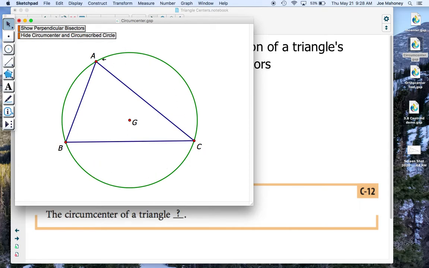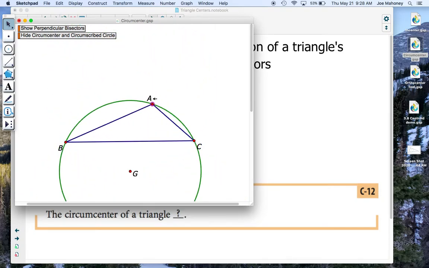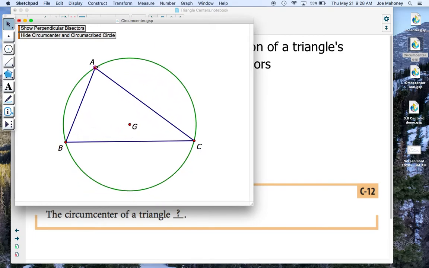So we can say that the circle circumscribes the triangle. And going back to our last slide, we can say that the triangle is inscribed in the circle. An inscribed figure and a circumscribed figure go together. This circle is always going to stay through those three vertices.